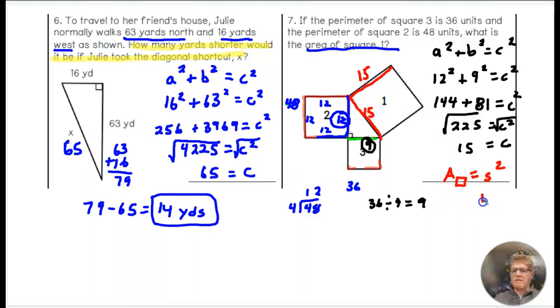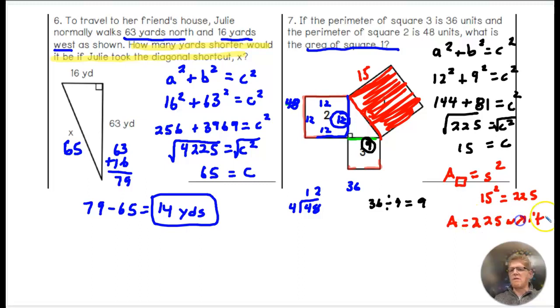Well, that's 15 squared, which I just calculated over here. That is going to be equal to 225. So what is the area of square 1? The area, this whole space that's taken up in front of there, is equal to 225 units squared.